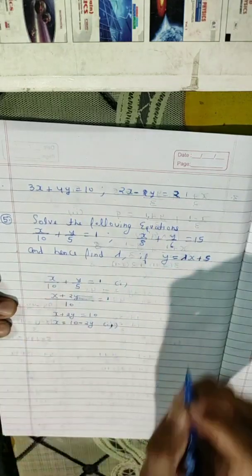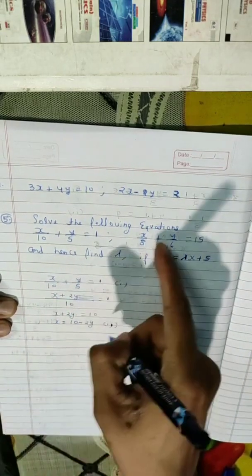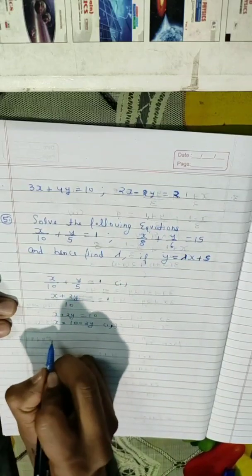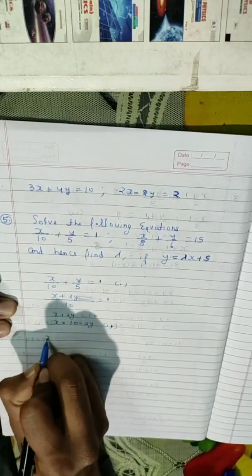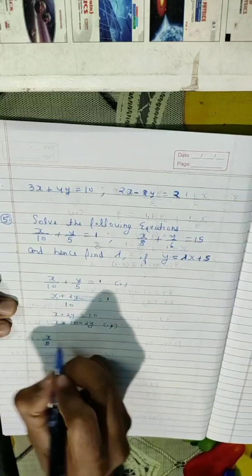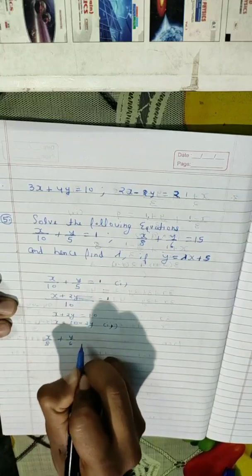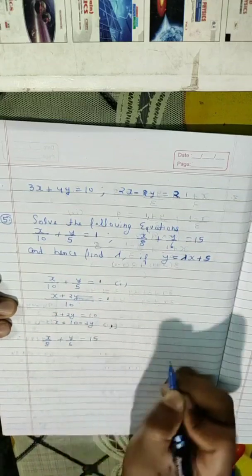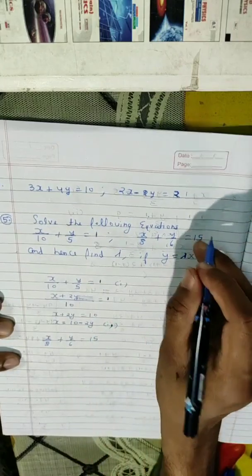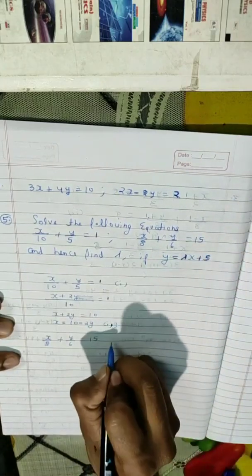Now again the second equation is x by 8 plus y by 6 is equals to 15. It was your given equation.